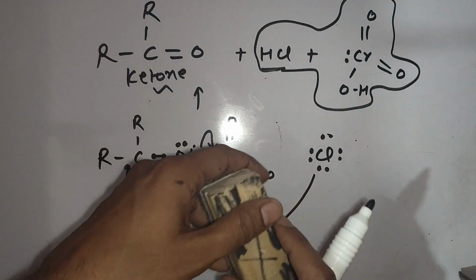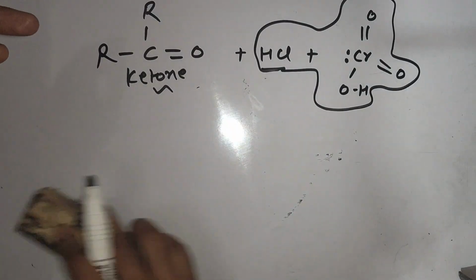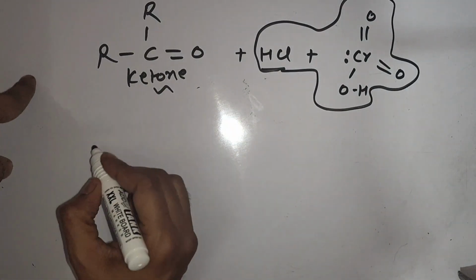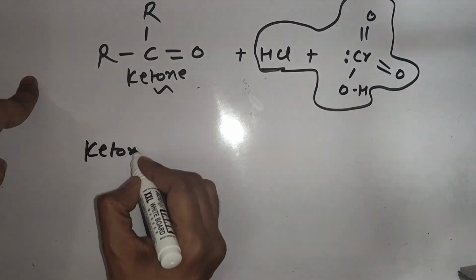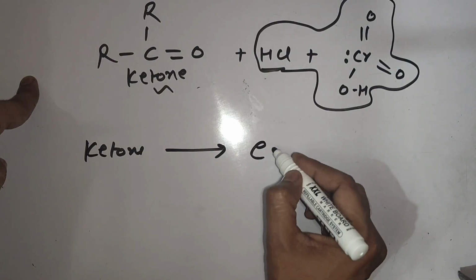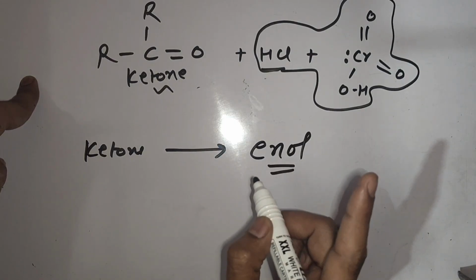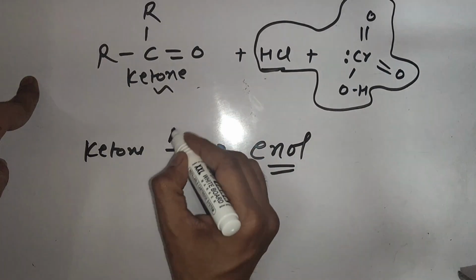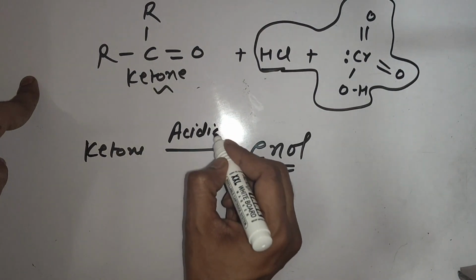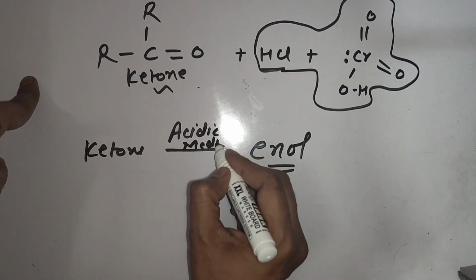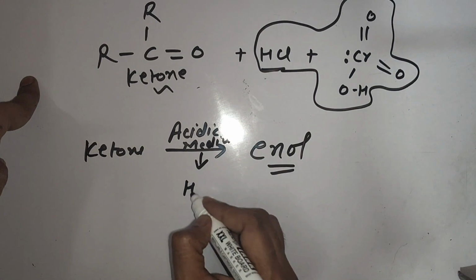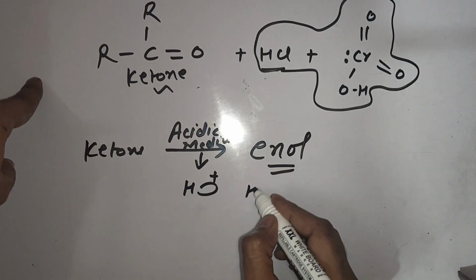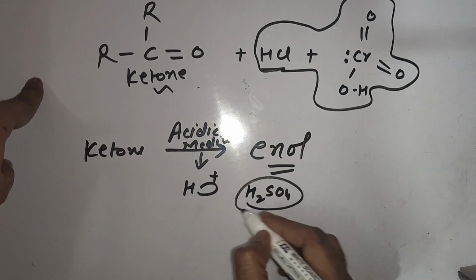Reason: in previous mechanisms of ketone oxidation, I told you that ketone creates enol for its oxidation, and enol will be generated in acidic medium. H positives are required, like the sulfuric acid we used in previous videos.